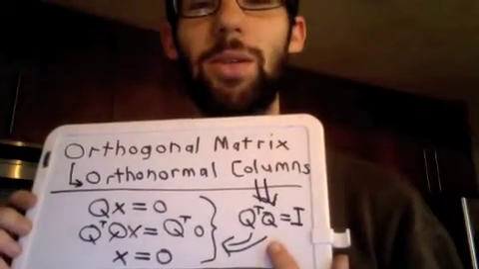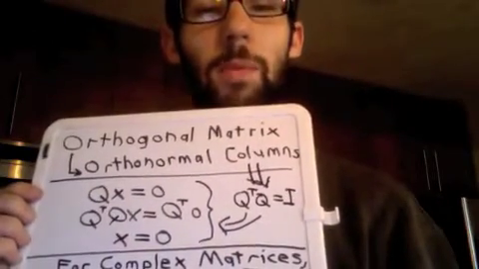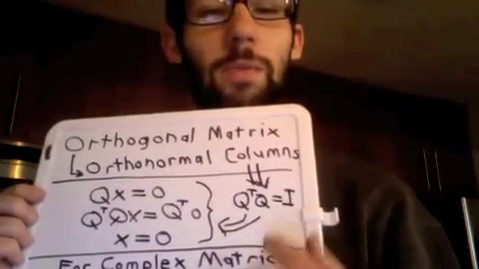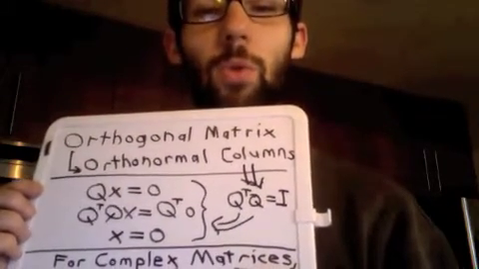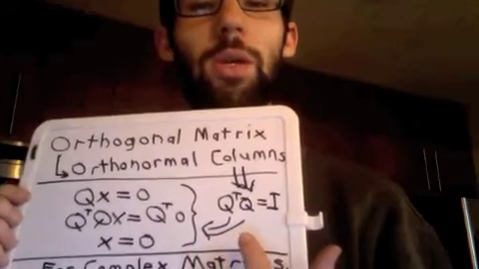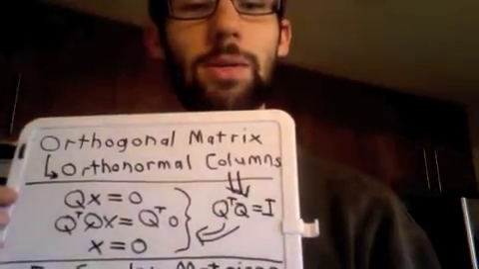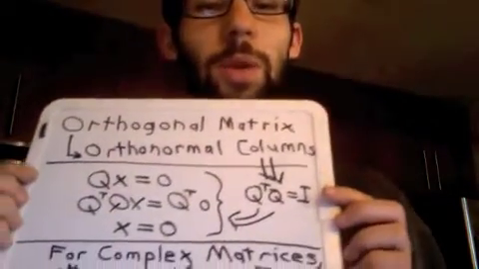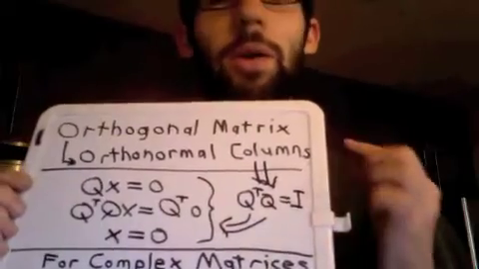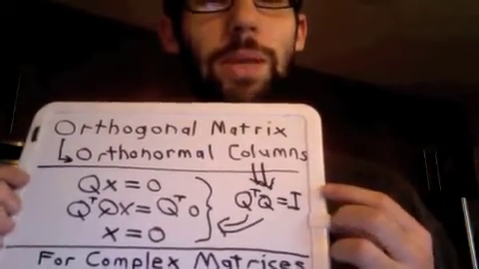A rectangular matrix Q, like if the columns are long but there are only 3 of them or so, if there are a small number of columns but the columns are long, if they're orthonormal, Q transpose Q makes a square matrix, and in fact it's the identity matrix. So again, kind of a strong property, but one that we think about all the time when it comes to orthonormal coordinates or an orthonormal basis.